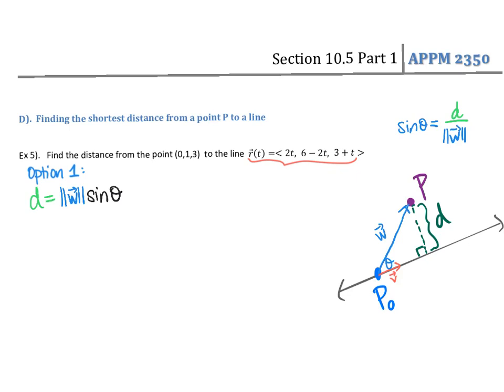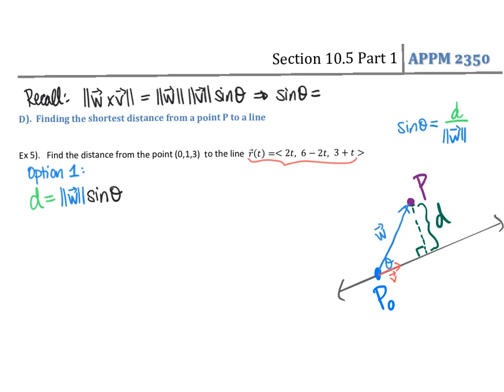Okay, now I don't know what theta is right now, but I want you to think about what vector operations we've learned so far that involve sine theta, and hopefully what's coming to mind is the magnitude of the cross product. So recall, if I take the cross product between 2 vectors where the angle between them is theta, the magnitude of that cross product is the product of their magnitudes times sine theta of the angle between them, which means I can now solve for sine theta in terms of cross products and magnitudes.